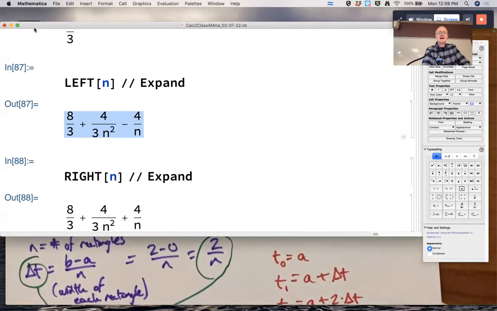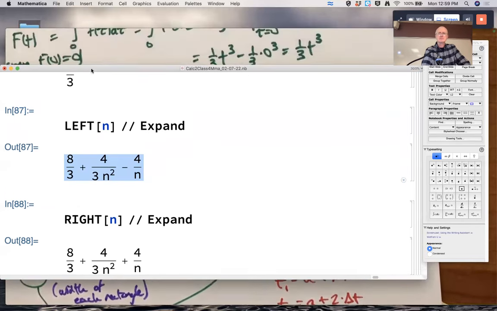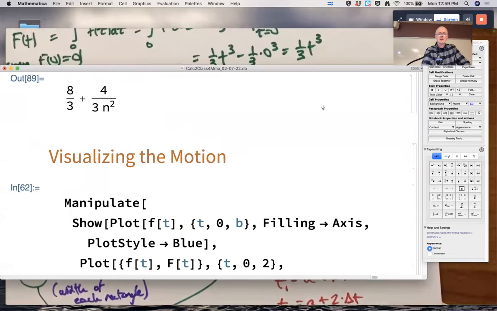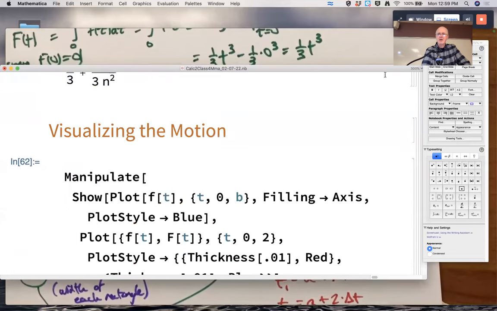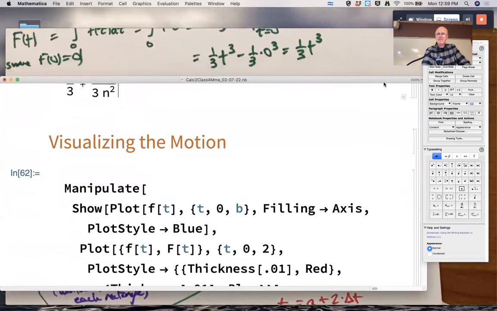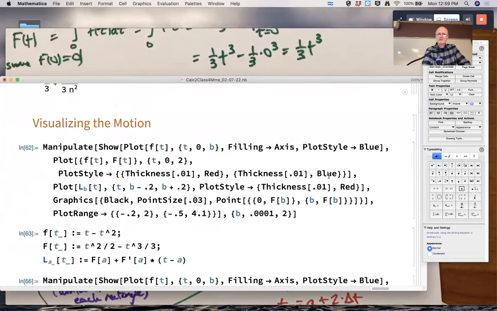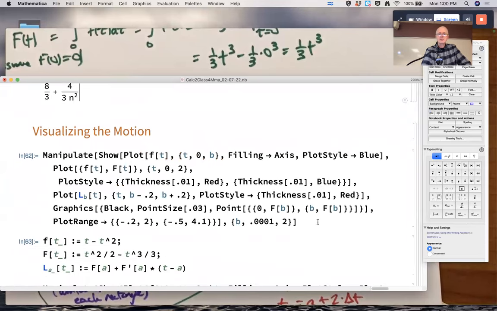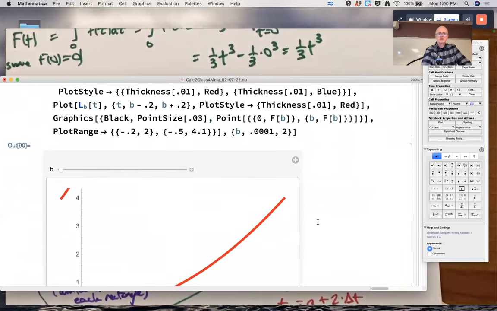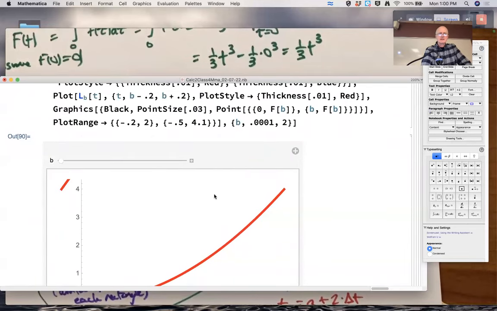Let's visualize this now. Visualizing the motion like we did last Friday. Oh, and why is it doing that over there?